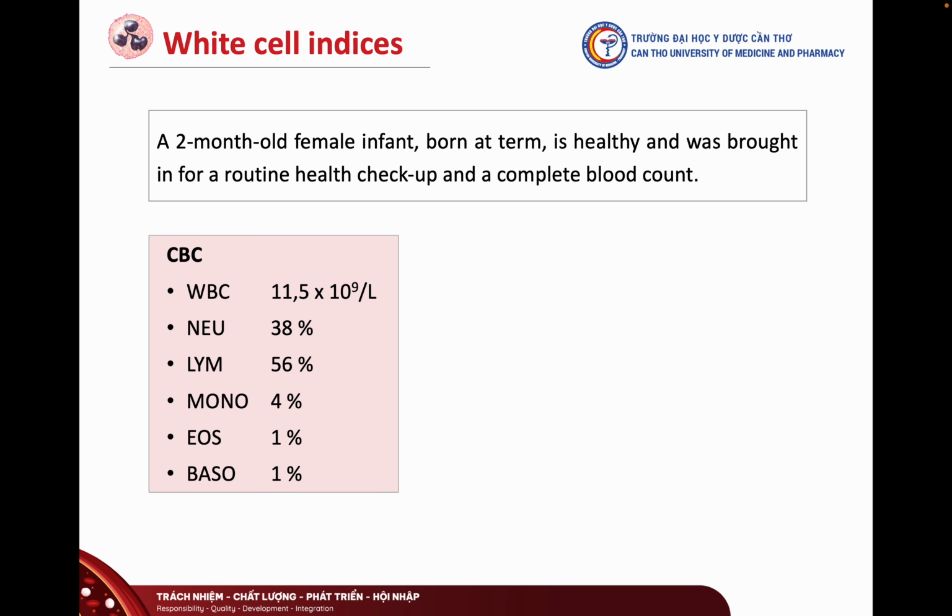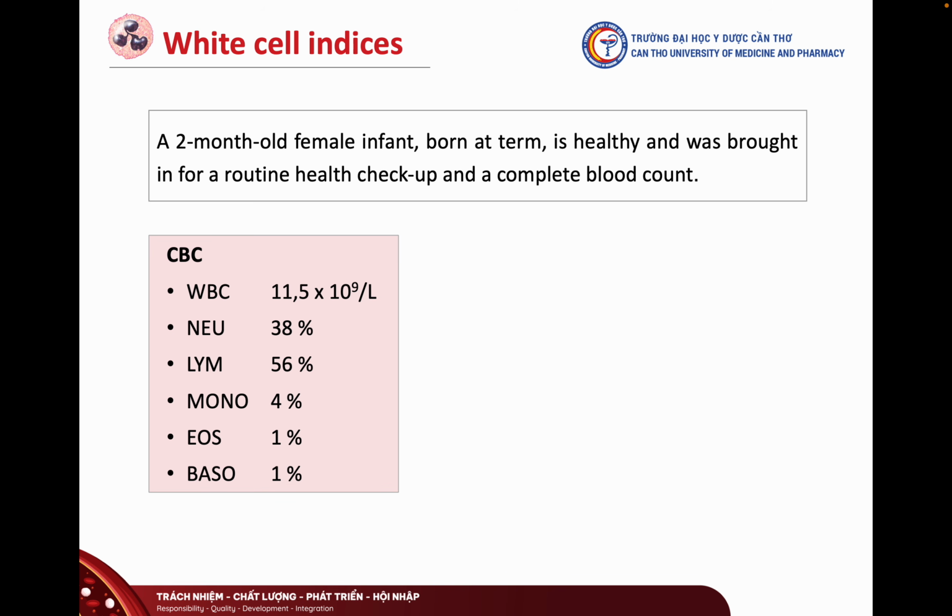Let's pause for a moment and think about this case. We have a 2-month-old infant, brought in for a routine health checkup. Everything looked fine clinically. She is healthy and growing well. But then we look at the CBC. The WBC is 11.5 and the lymphocytes are predominant at 56%, while our neutrophils are only 38%.